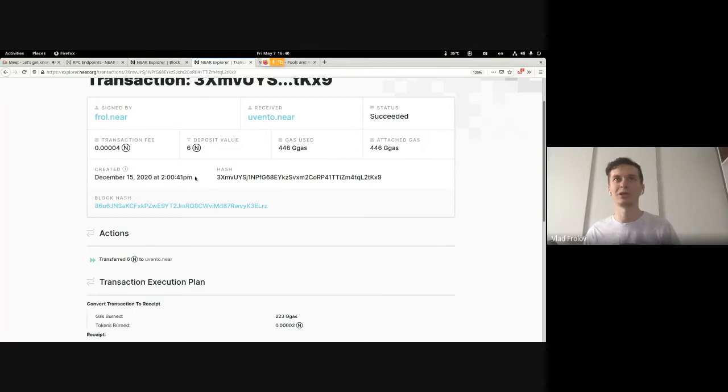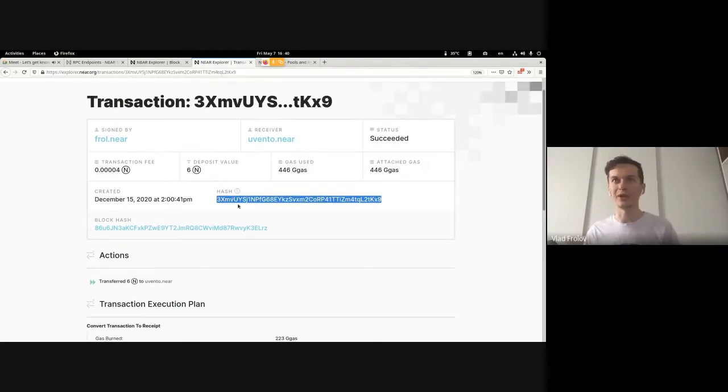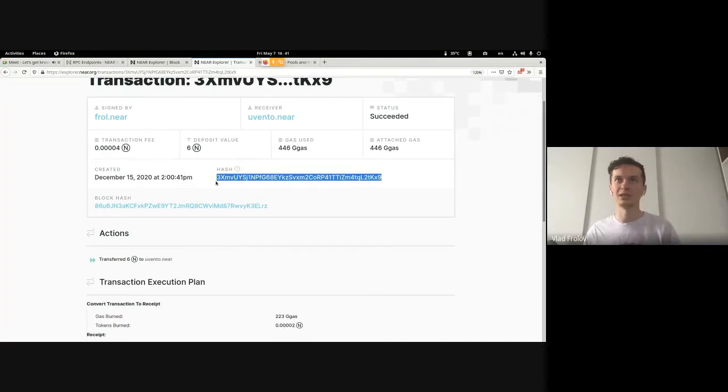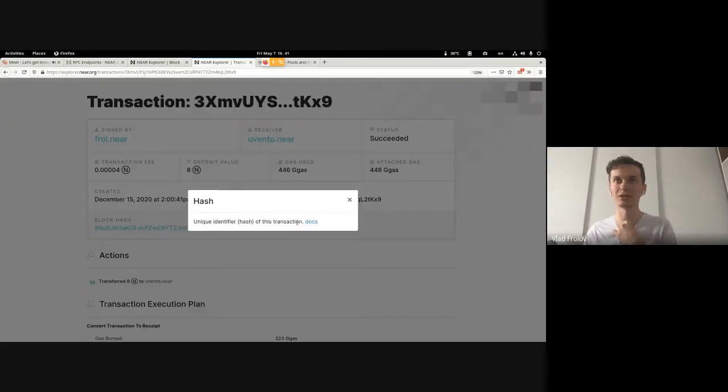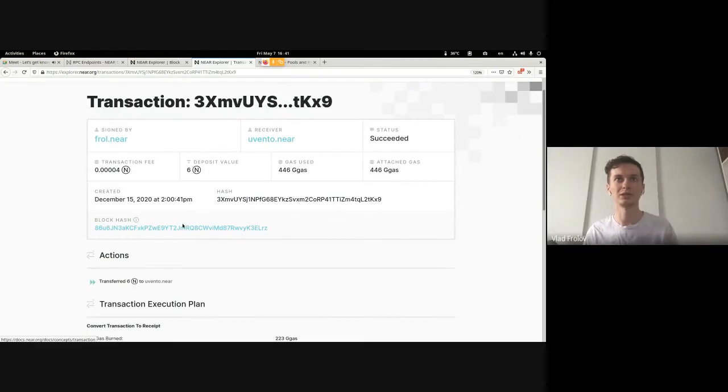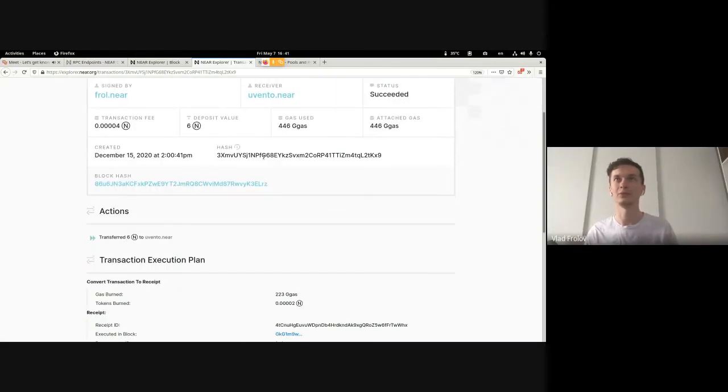The interesting part is that we always know when it happened. We also know a unique identifier of this specific request. It's a SHA-256 in base58 encoding. Is there anything about it here? Well, there are the docs, so you may look it up.